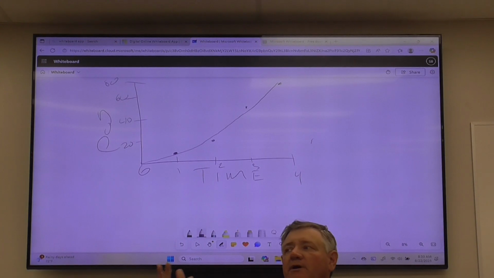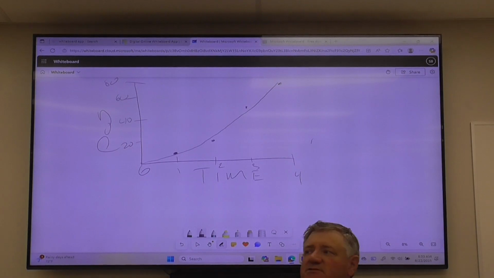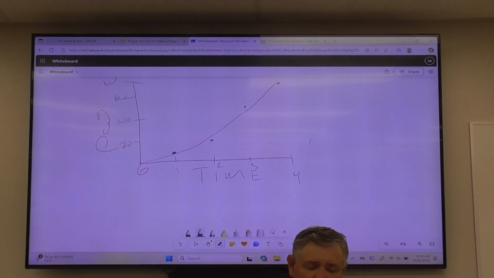Pick one, I don't care. But what you cannot say is that it's just a direct relationship. That's too nebulous. I don't know if you think it's a linear function or a quadratic function. You just can't say it's a direct relationship.